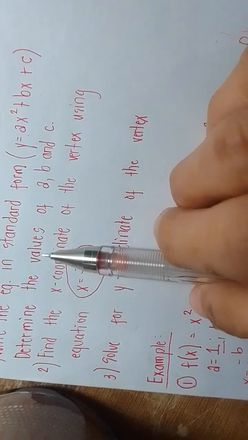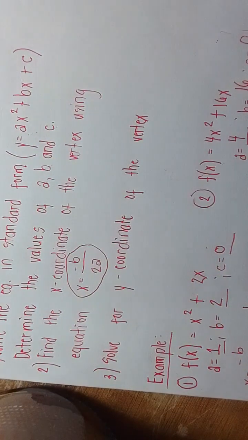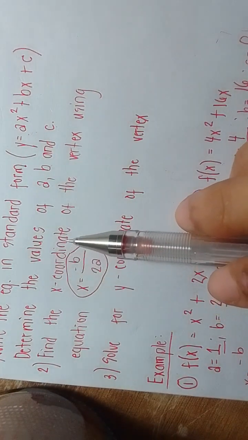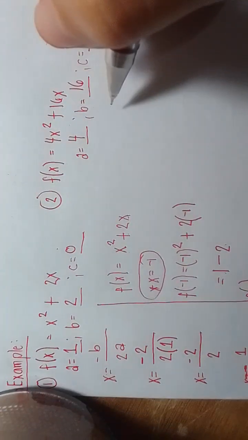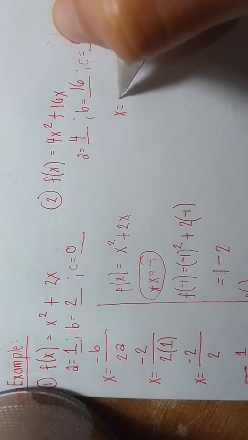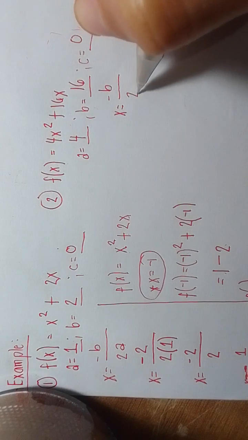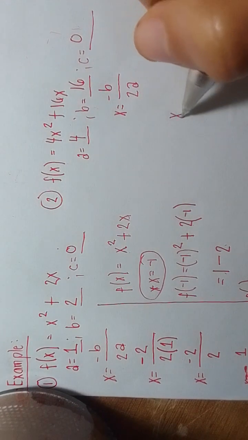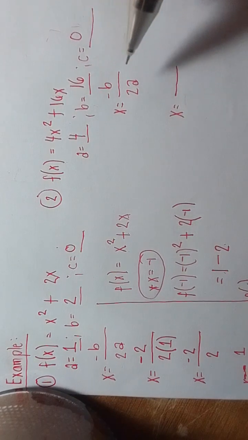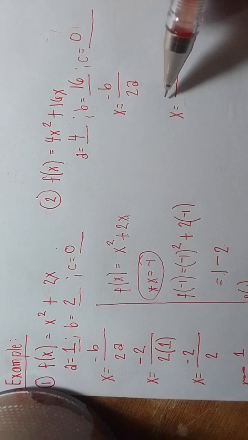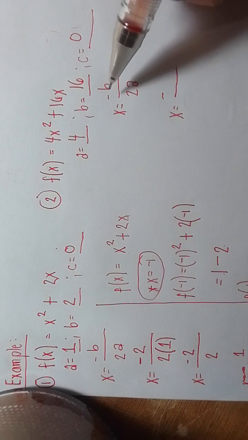Now that we have determined the values of A, B, and C, we can solve for the x coordinate using this formula. In this formula, we have x is equal to negative b over 2a. So, substitute x is equal to. First, write the negative sign since it's given from the formula.